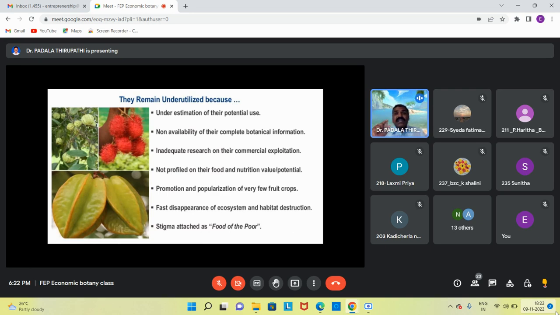We are still uncertain or unaware about these species or fruit crops, and there is non-availability of their complete botanical information. We know that in present day, not only in our India but also in all countries. I hope this slide is visible, my dear friends.